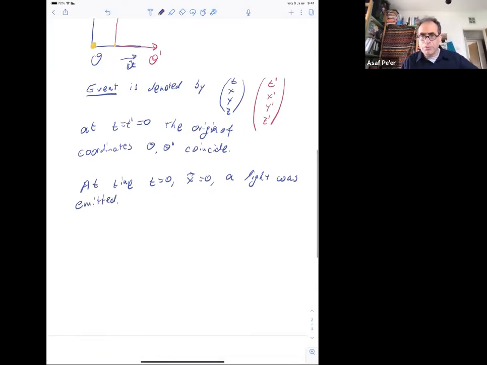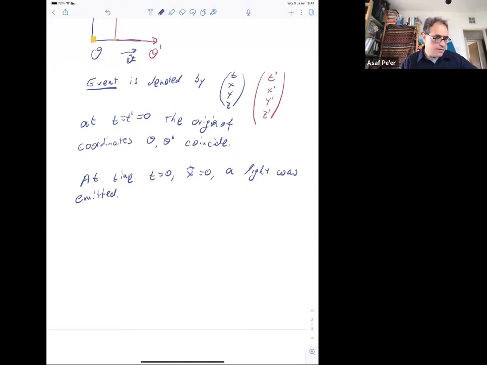So from observer O, at some time t later, the front of the spherical wave of the light would be at some location x, y, and z.